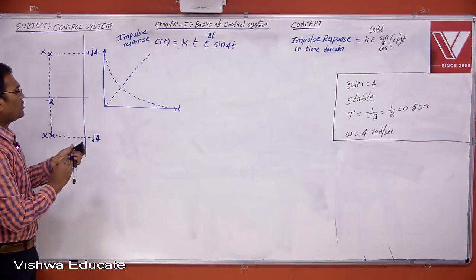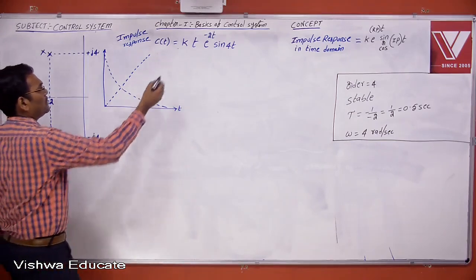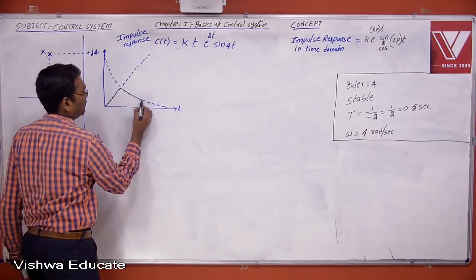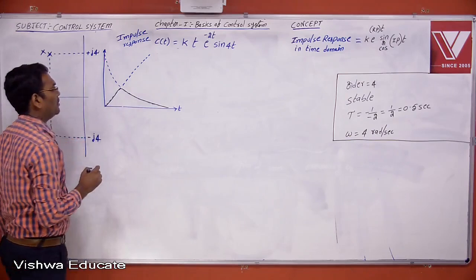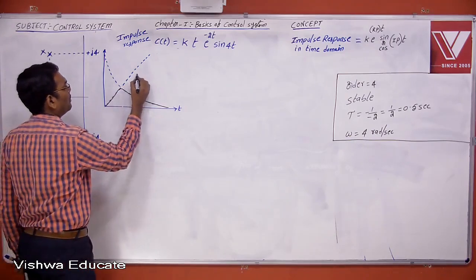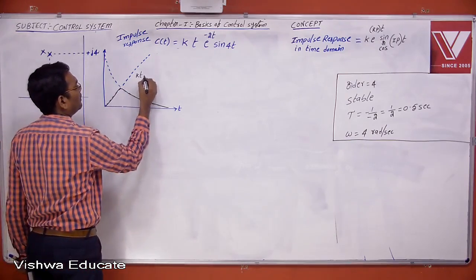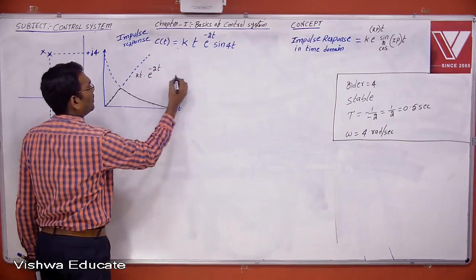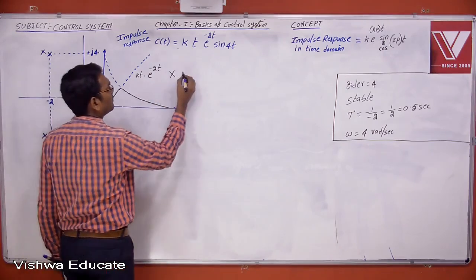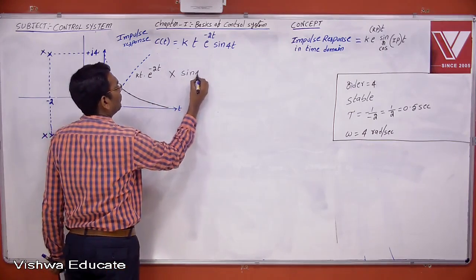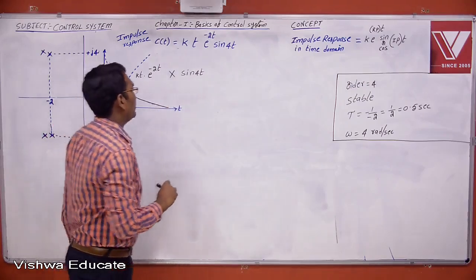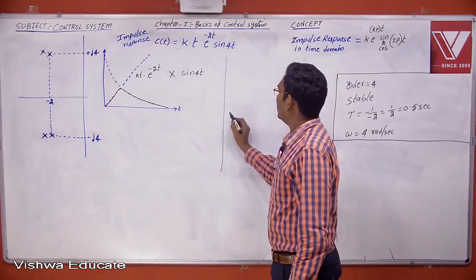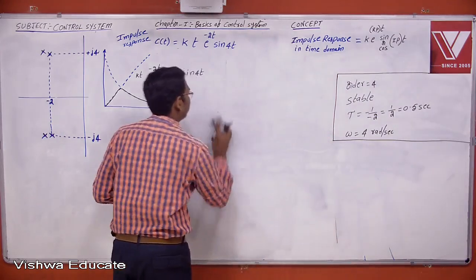Now, what is the combination of this ramp and exponential? This is the ramp signal and my exponential decaying. Multiplication is nothing but the common area. Therefore, this is the combination of kt into e power minus 2t. Now, this combination is multiplied with sine 4t.